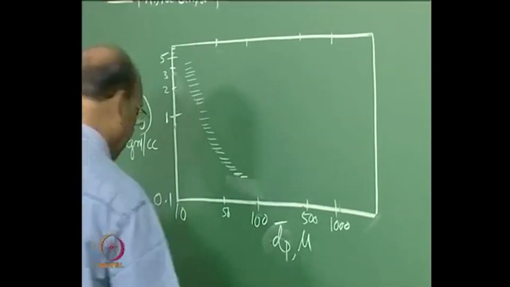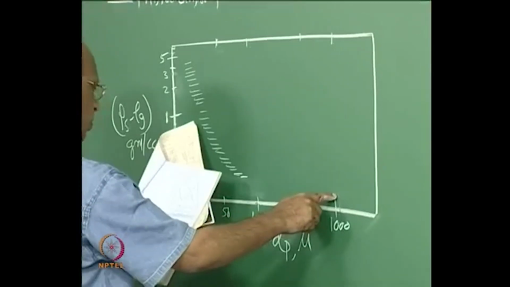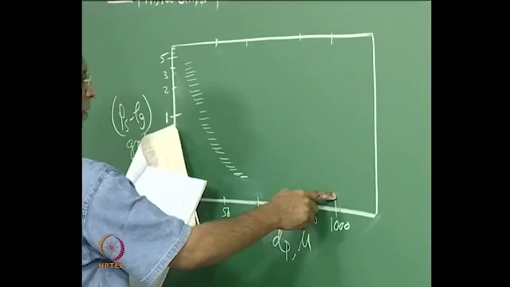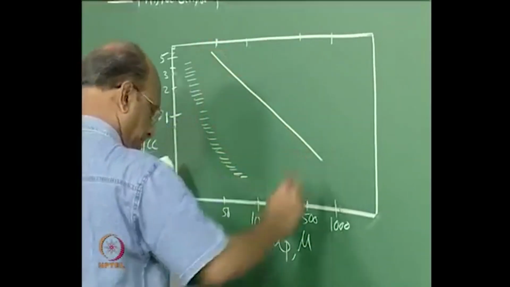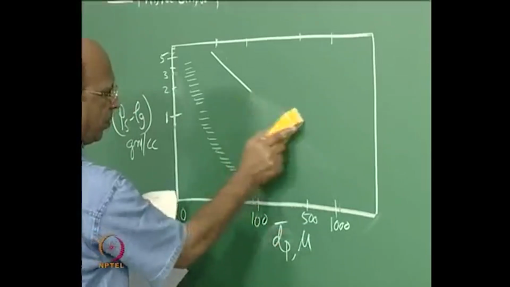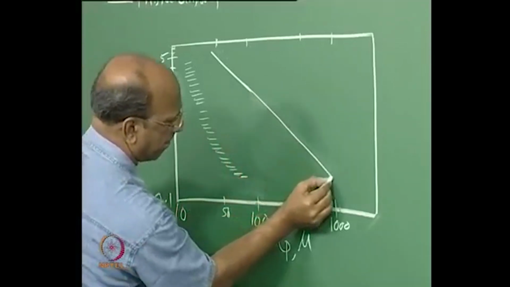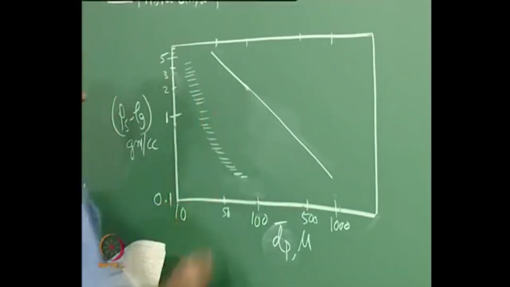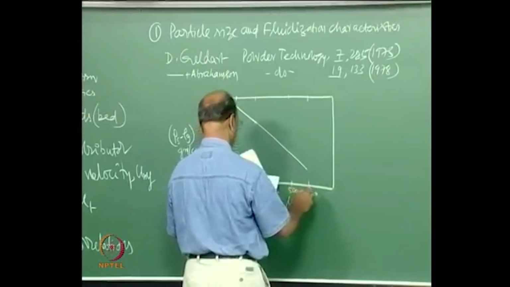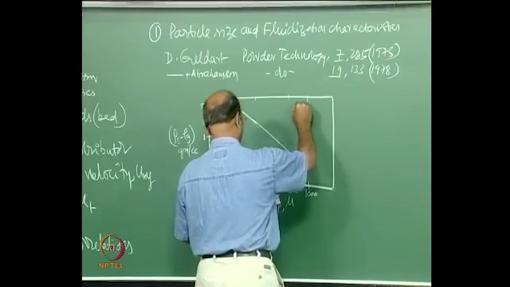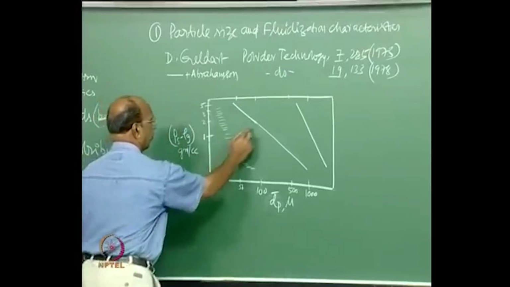I will tell you what this is later. All this is one region. Then we have around 1000 starting from here. This is one region, then we have, okay, good.